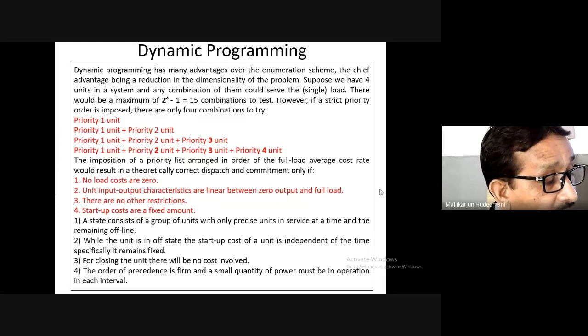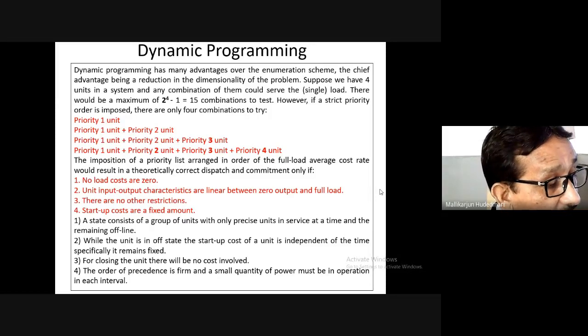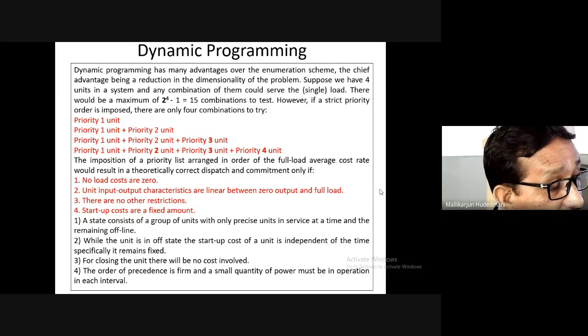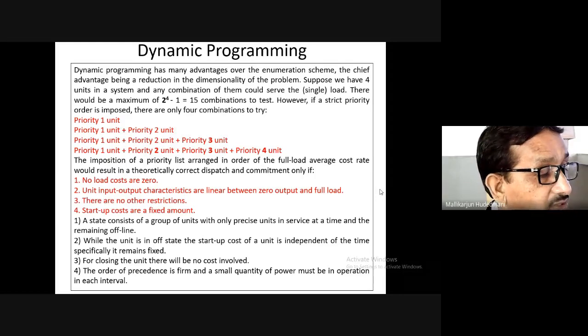In that way, whatever the initial condition, whatever the initial stage, on the outcome which has come, we have to act. The remaining decisions must constitute optimality on the outcome obtained from the previous decision.